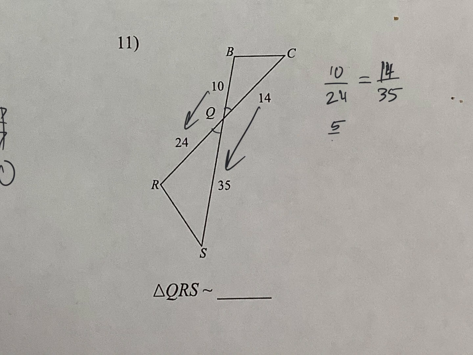I get 5/12. The right side is reducible by nothing, so that's still 14 over 35, I guess. So that gives me 2/5. 2/5 is 0.4. 5/12, if you look at that on your calculator, is going to be 0.42. So not the same. So no, these are not similar.